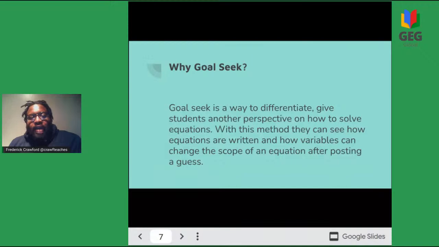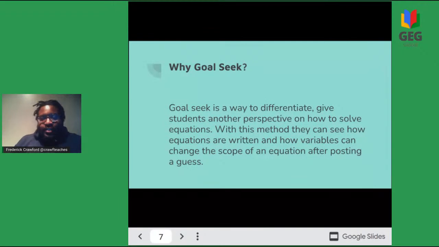So one thing I've learned in my teaching experience is that sometimes when I taught the quote-unquote more complex way, it really interested students because they're like, dang, that's raw. That's interesting. With this method, you can understand more and get more of a feel of how equations are written before you solve them.